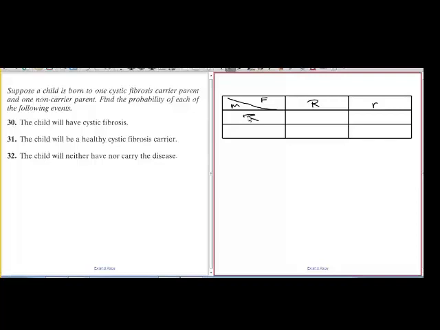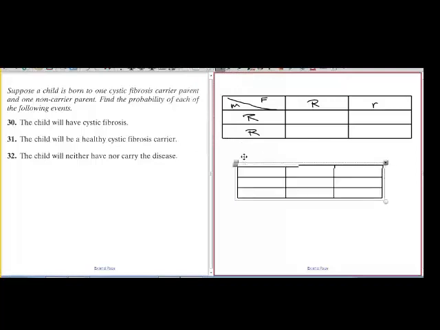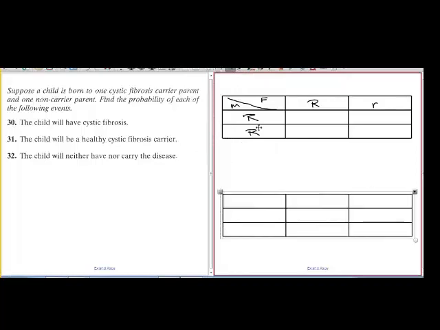So if this person has, so this person has just the dominant gene, which is the non-cystic fibrosis. And what I'll do is I'm going to answer not just this question, but what if both parents have it? We'll talk about that in just a second. But for right now, let's follow the problem as stated.